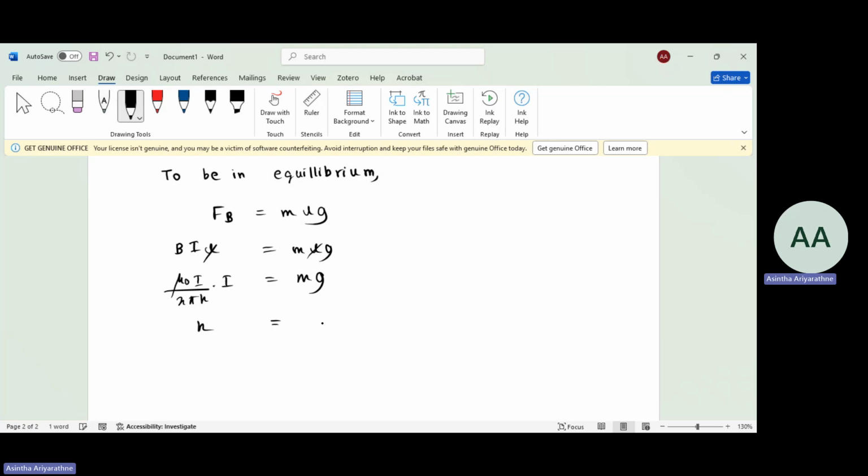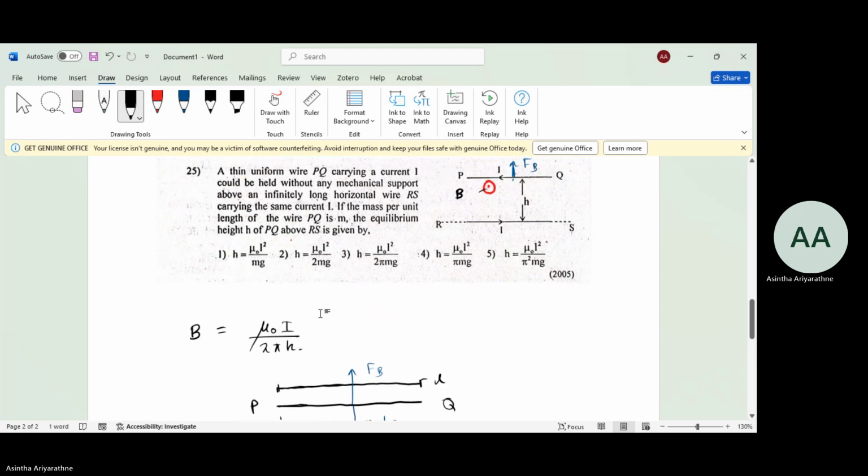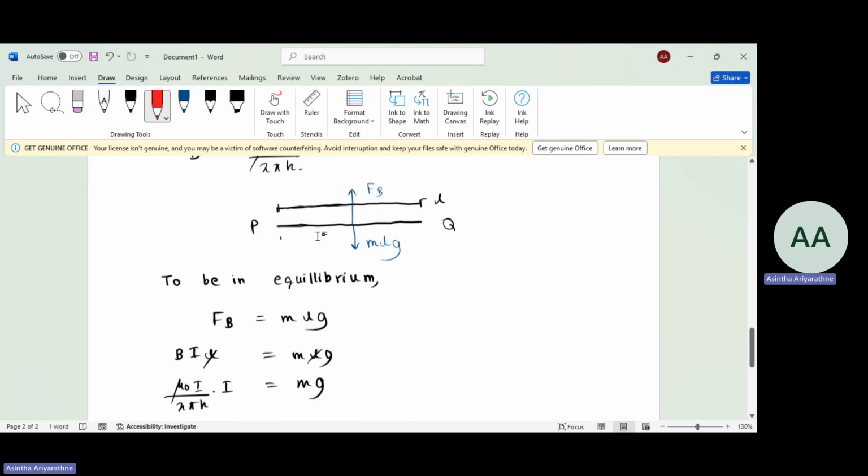Then H is mu naught I squared over 2 pi M g. Then the third one is the answer.